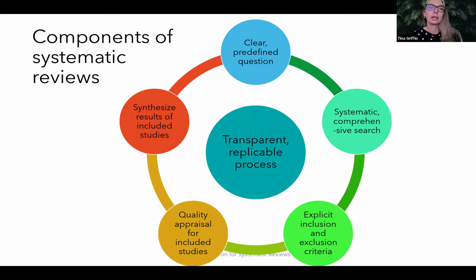And only at that point can you actually look at what you've collected to synthesize and analyze what you have. And at all of those stages, it is transparent and replicable. So these are the very, very bare bones basic components of a systematic review. And the key is that it's transparent and replicable, which requires that we have a lot of documentation as we go.